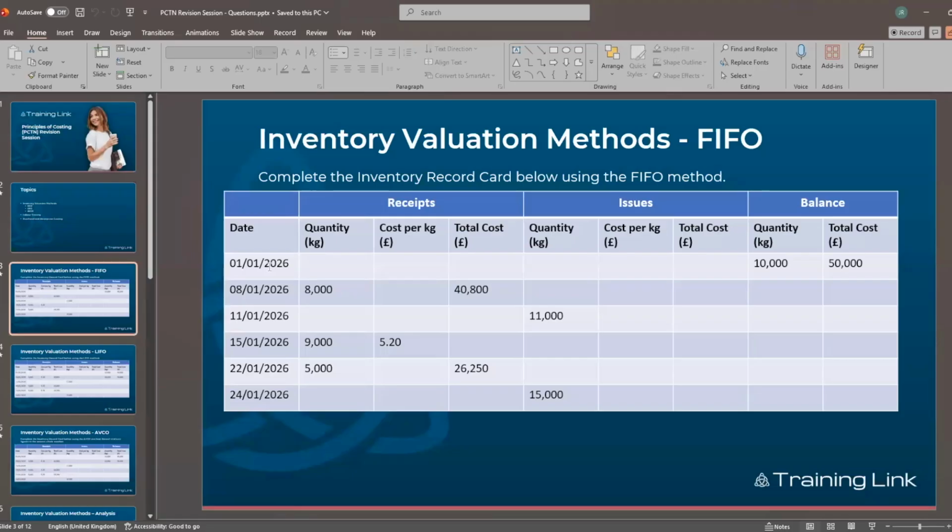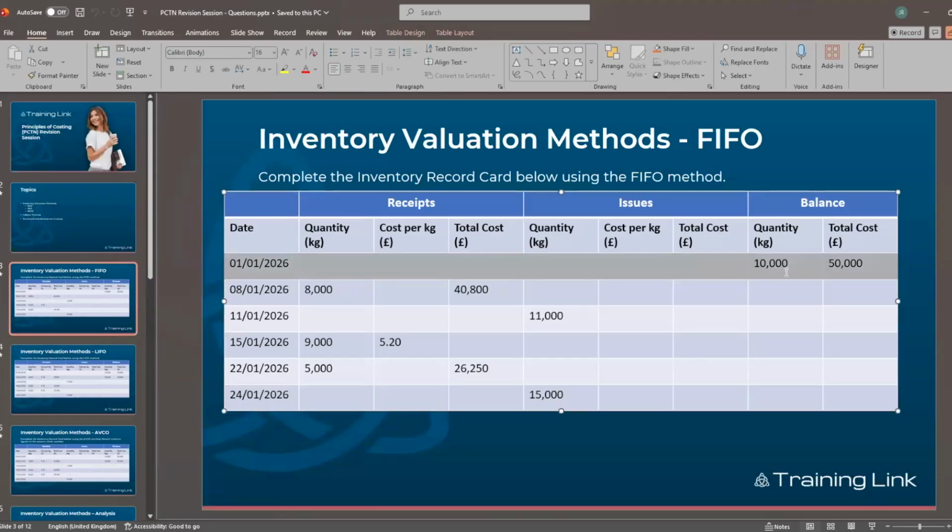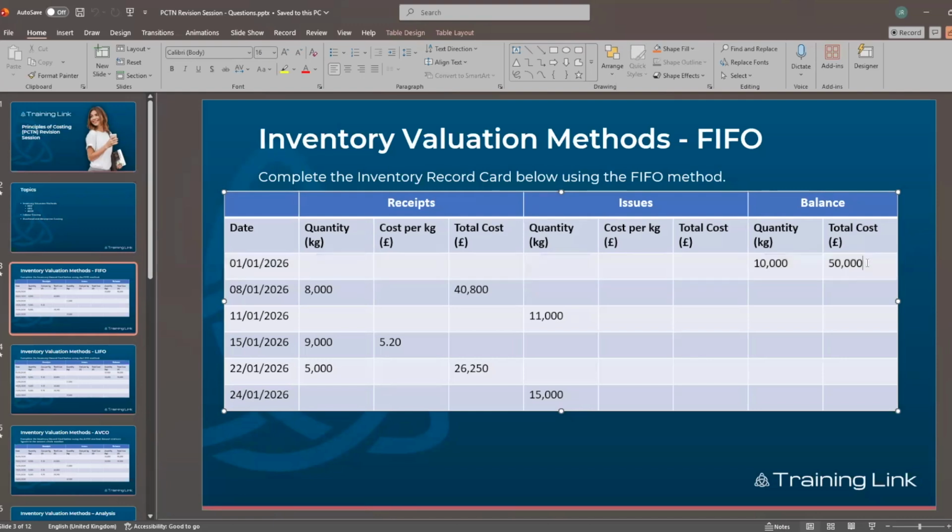Generally, the first one that you start with will be a balance at the start of the period. So we're starting January this year. We've got 10,000 kilograms and it cost us £50,000. Then a week later, on the 8th of January, we purchased a further 8,000 kilograms, at a total cost of £40,800.